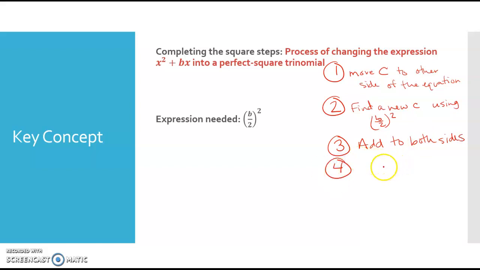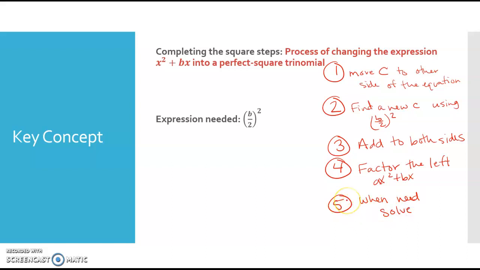Step 4, we're going to factor the left, or whatever side still has the ax squared plus bx plus our new c. And then 5, when needed, sometimes it'll ask you to, sometimes it won't. When needed, solve.